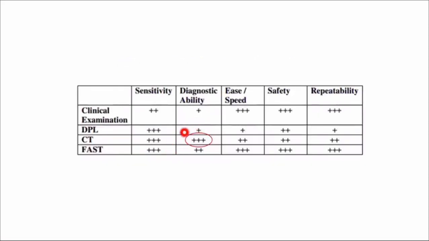This table shows a comparative evaluation of the three procedures. And you'll notice that CT has the most diagnostic ability, higher than the DPL and the FAST exam. However, based on ease and speed of the procedure, safety because of the presence of radiation, and repeatability, it is far outweighed by the FAST examination.